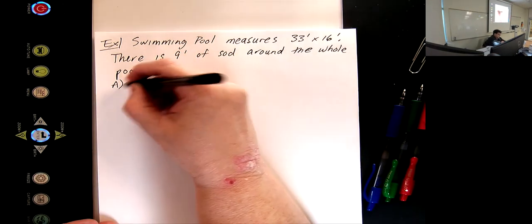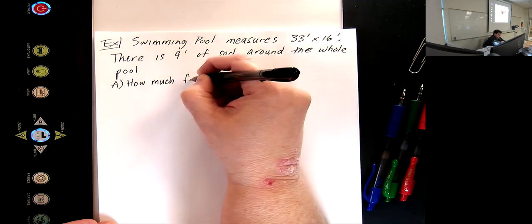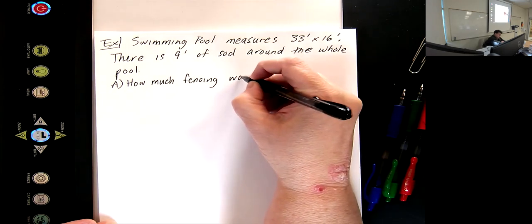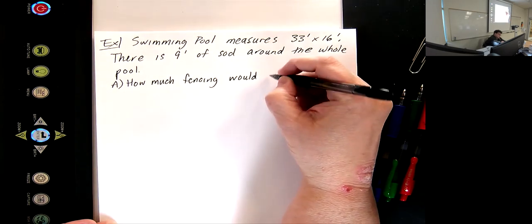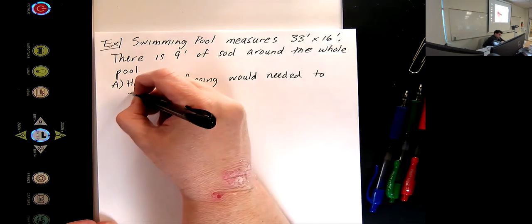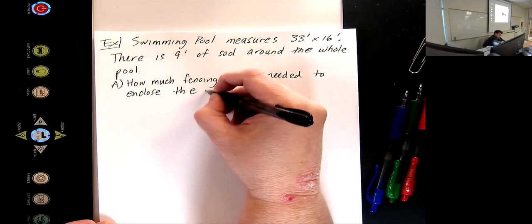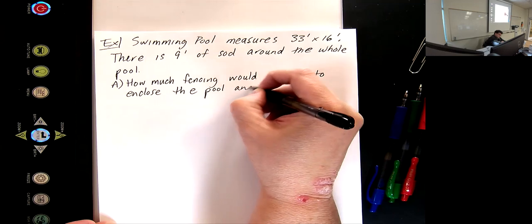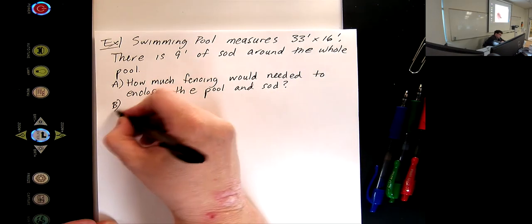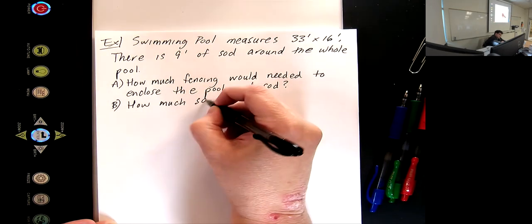Two questions. A, how much fencing would be needed to enclose the whole area, the pool and the sod? And B, how much square footage of sod should be purchased?